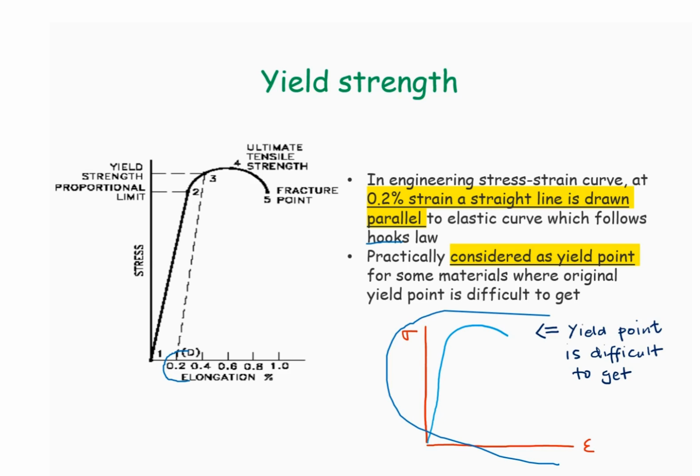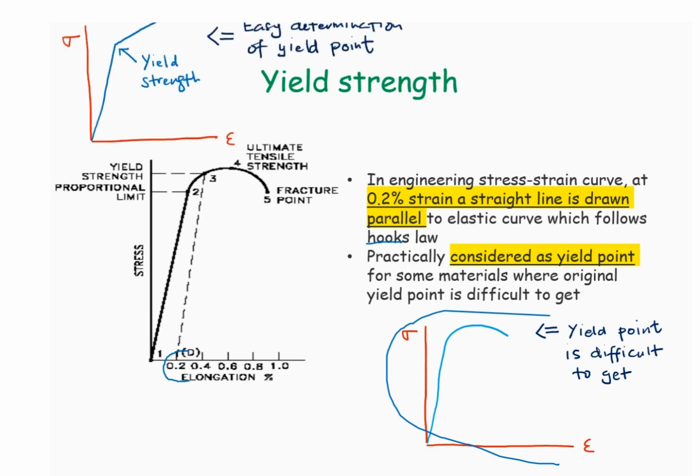So if we compare this stress strain graph with this one, we can see that for this graph, the yield point is quite difficult to identify. It is not clearly defined. But for this one, we can easily determine the yield point here. So why do we choose 0.2%?